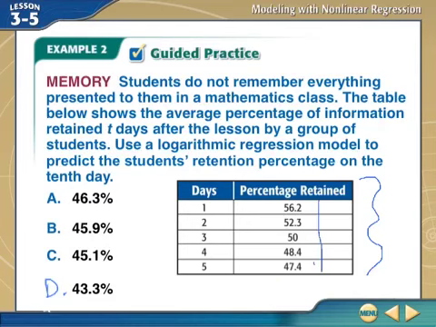As you can see, the percentage is decreasing, and you're asked to find a logarithmic regression to model this set of data. What I would like you to do is calculate your logarithmic regression model and then use that model to predict the percentage of student retention on the 10th day.